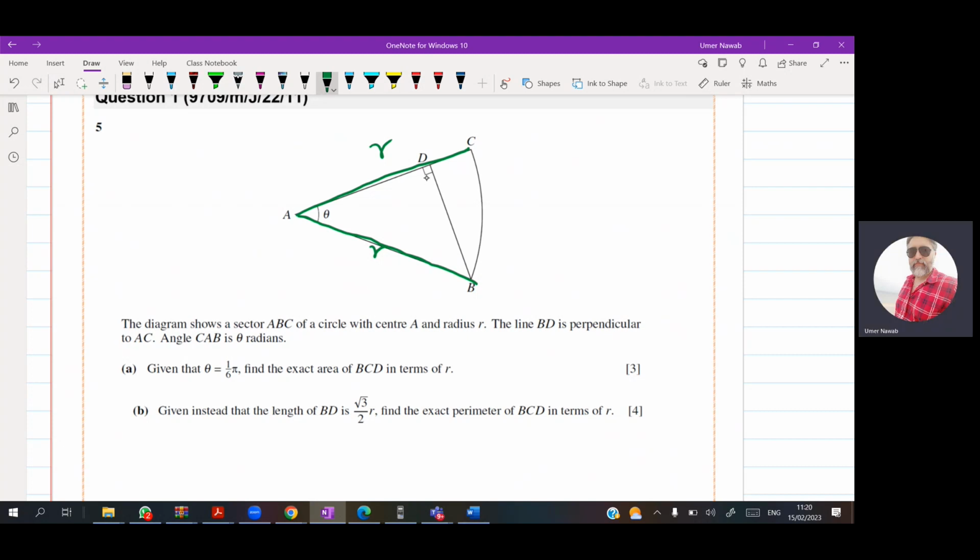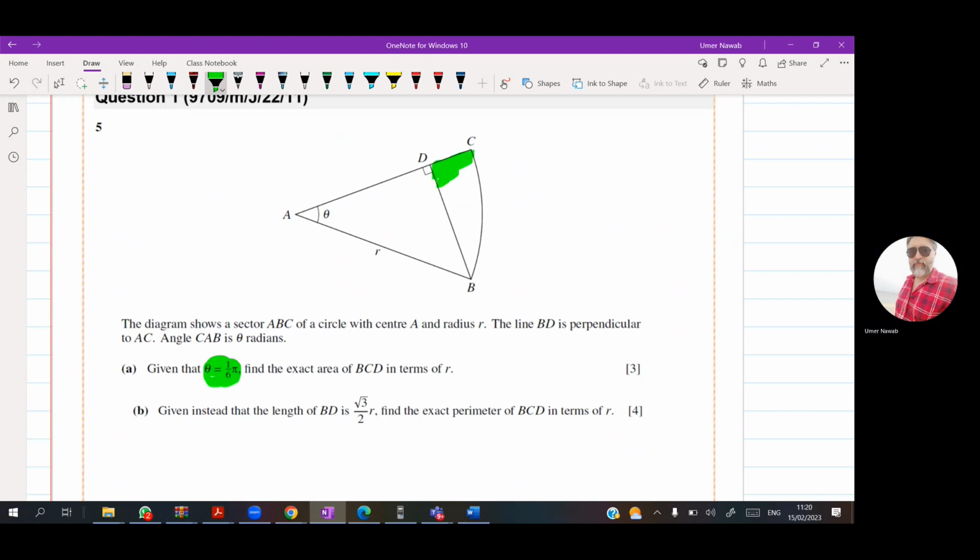Okay, so this is perpendicular, this is 90 degrees. We understand. Angle CAB is theta, which is pi over 6, that is 30 degrees. Find the exact area of BCD, this shape.